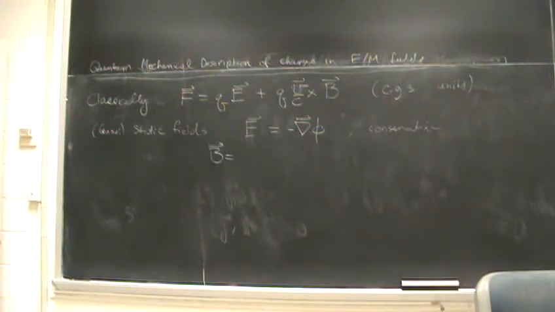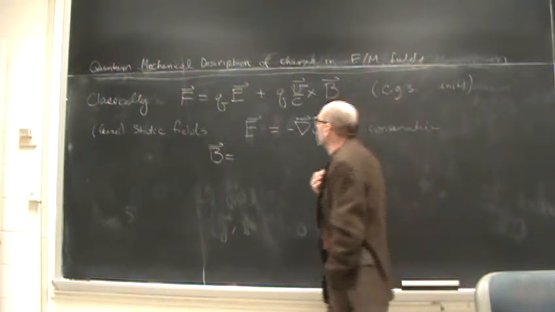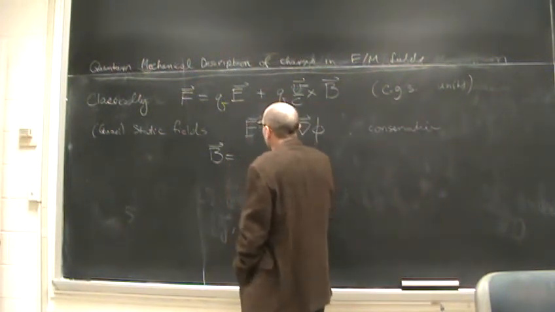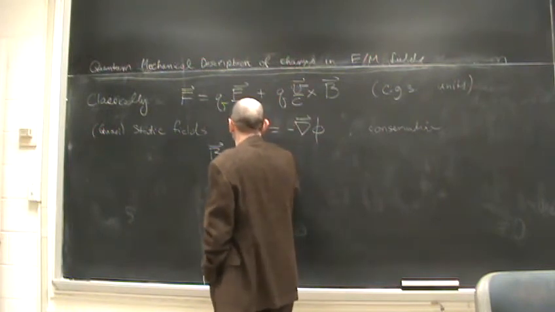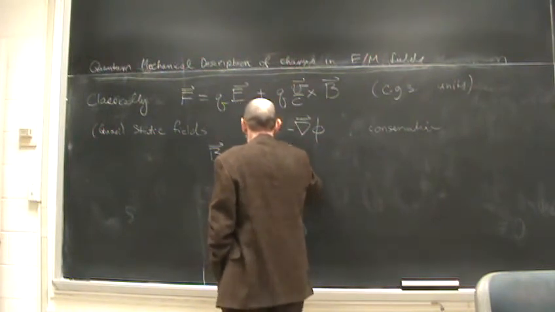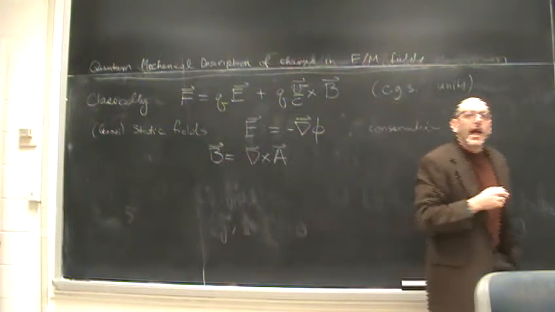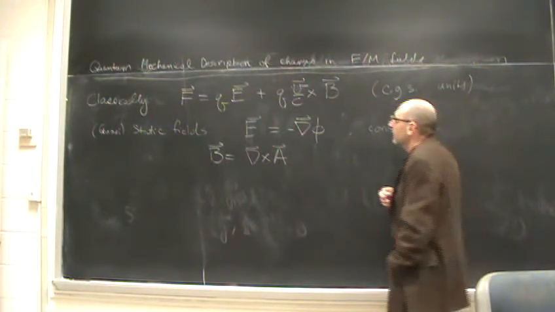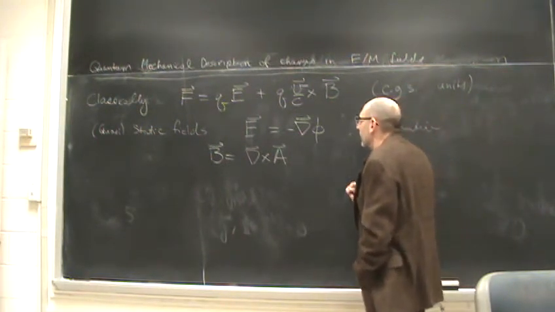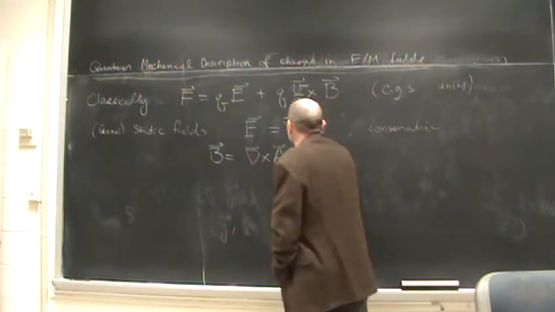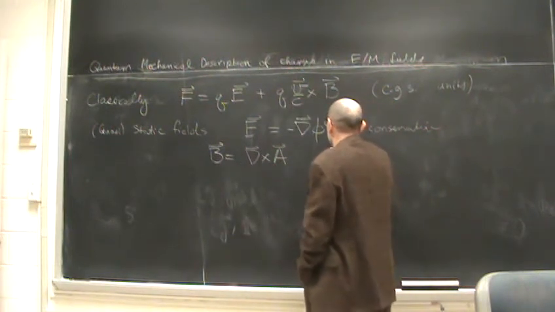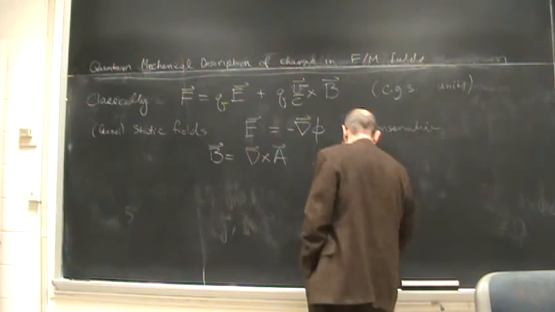Magnetic fields do no work on particles. There's no potential energy. On the other hand, we know B is derivable from a vector potential, and the vector potential has some funky property, that we have gauge dependence.